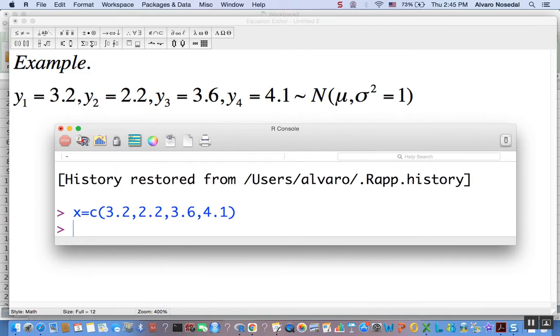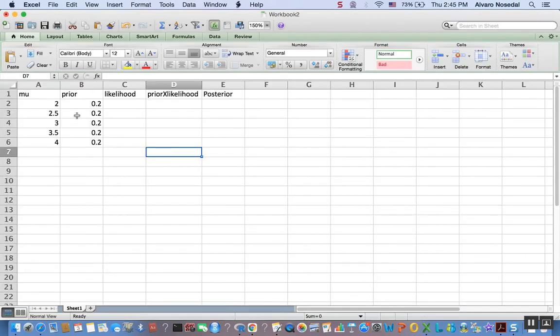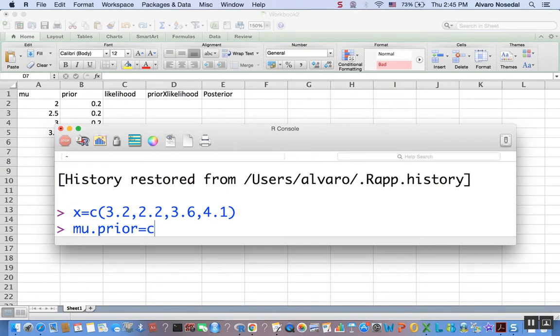Now, let me create an object called mu.prior. That will contain the values that we are considering possible for our parameter of interest. So 2, 2.5, 3, 3.5, and 4. We are considering 1, 2, 3, 4, 5 values.